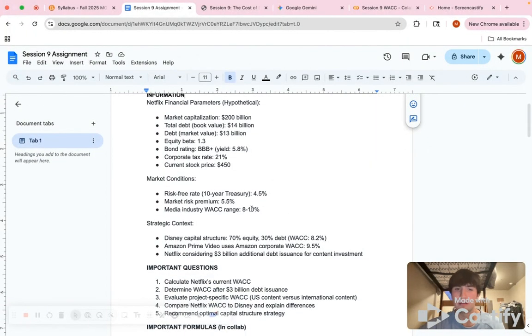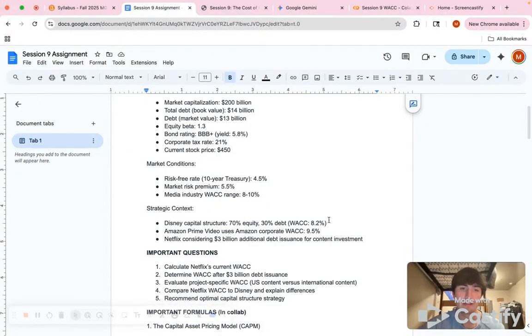And then just some market conditions that we need to touch on: the risk-free rate, so if you put money in the treasury, you'll get 4.5%. The market risk premium is 5.5%, and the media industry's WACC range is 8 to 10%. So we'll get into what it actually is and if Netflix is inside of that.